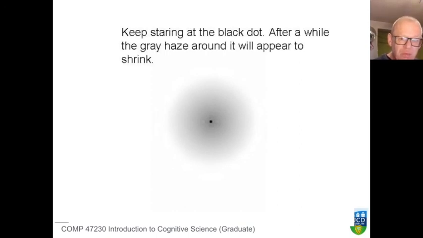Now, back off from your computer to about 1.5 meters away and stare at the black dot, and stare at it until the grey disappears. And when the grey disappears, then move your eyes and note that the grey comes back. Stare at the dot and the grey disappears. Move your eyes and the grey comes back.